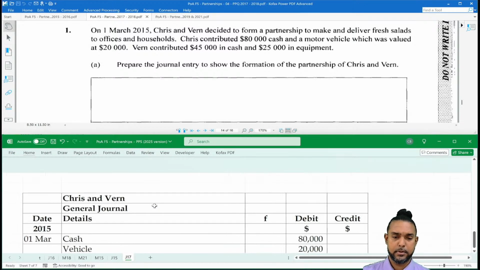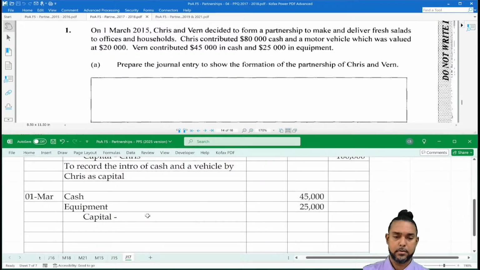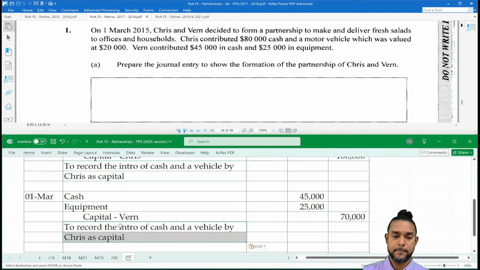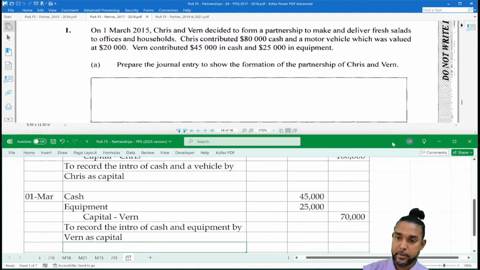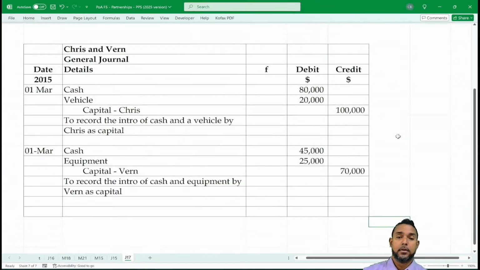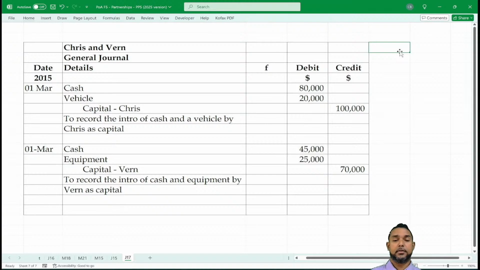Wow. Okay, what's going on here? Guys, I'm real sorry about that. Vern. I'll maximize that. This is another way you could have done it.